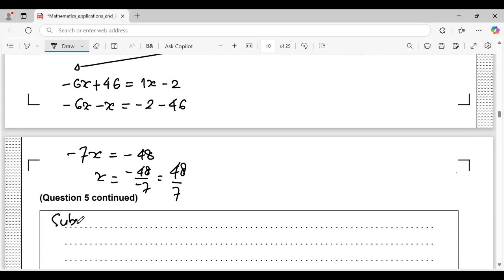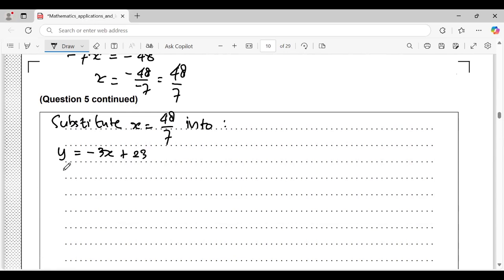Substitute x equals 48 over 7 into this equation, y equals minus 3x plus 23. If you substitute, it becomes minus 3 times 48 over 7 plus 23.